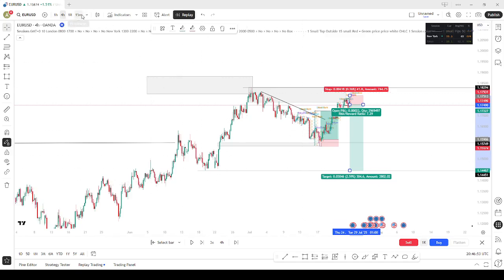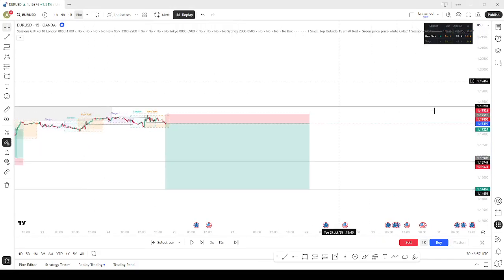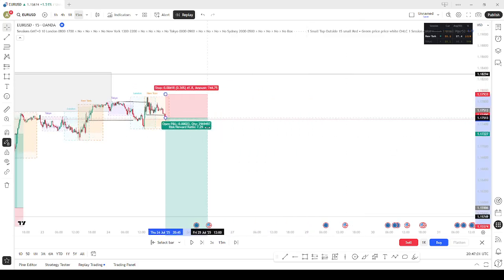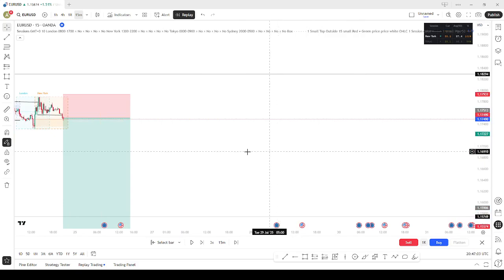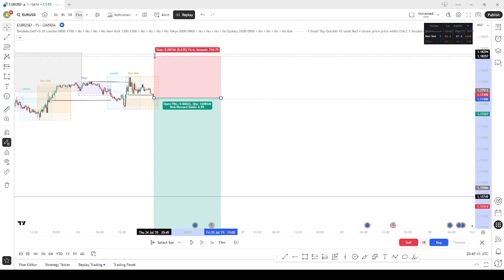You get it? Now when you go back to the 15-minute, you see this is a 1 to 7. Even if we stretch it enough here, it will be a 1 to 4.